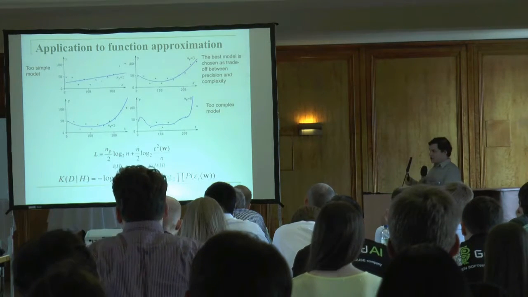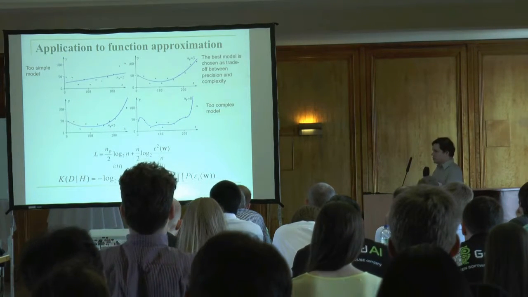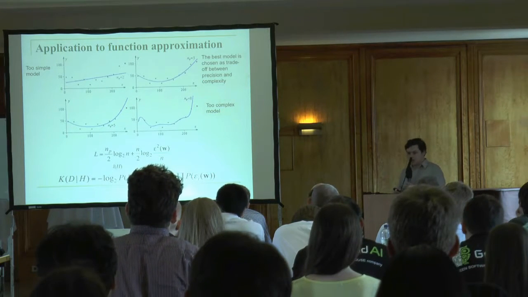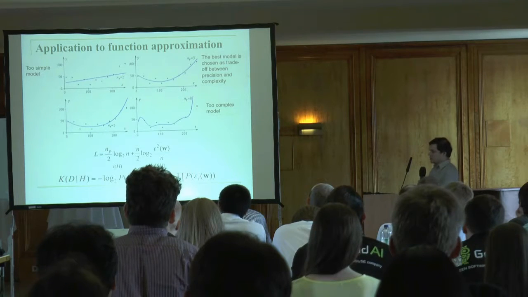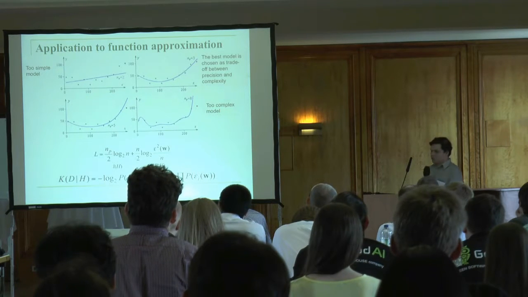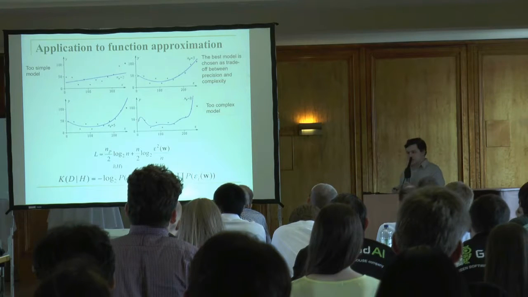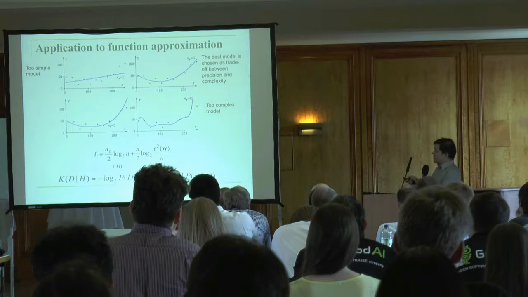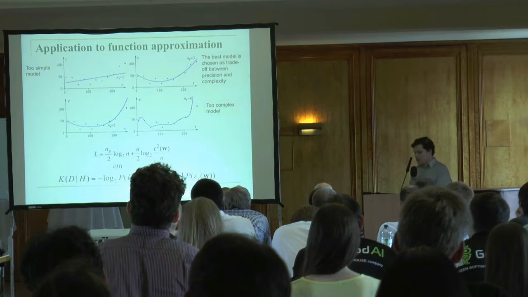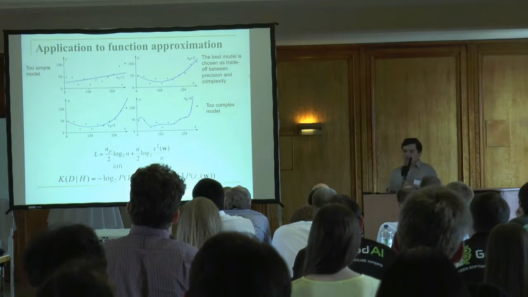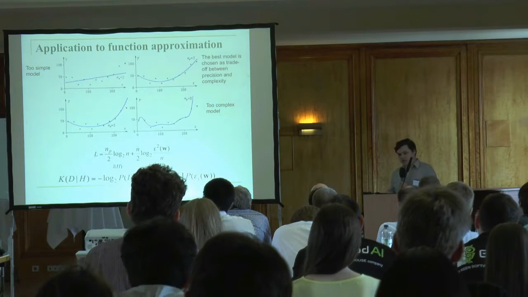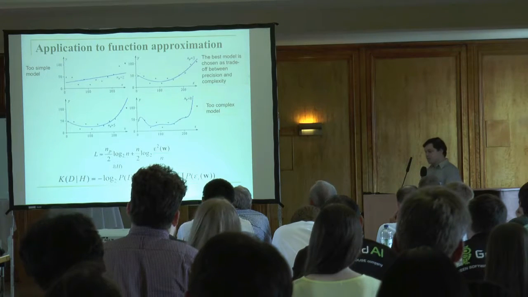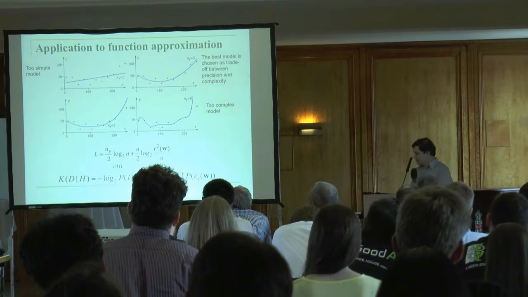And then these deviations will constitute some additional description length. And the best model will be the model which gives us the best trade-off between the model complexity and its precision. So here we will easily get the best solution, and this solution will not only have the minimum description length, but it will also give us the best prediction precision.